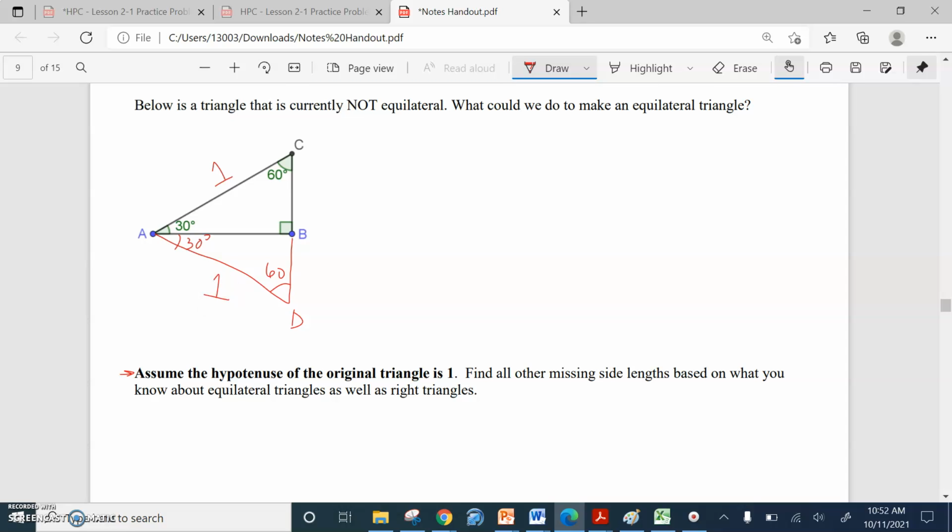And if all things are created equal here, then the overall side length CD is also 1 unit. So with that said, what I need to do is break that down so that BC is 1/2 and BD is 1/2.